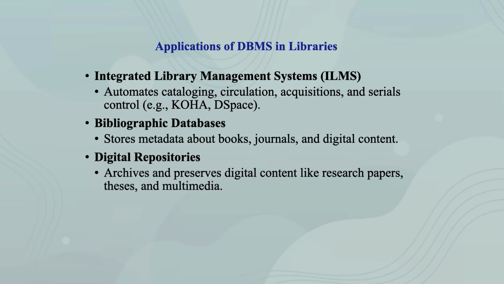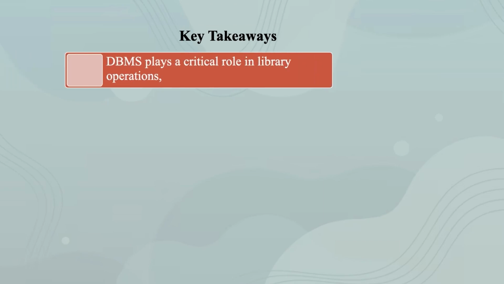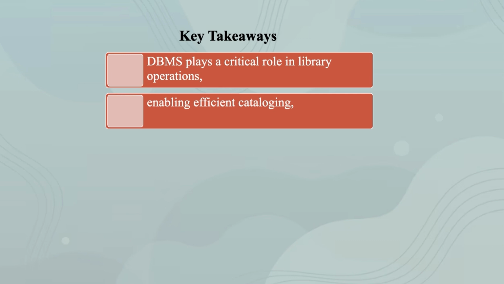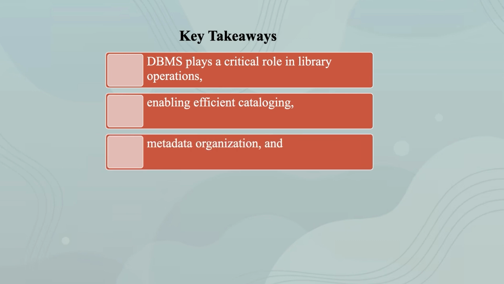Then bibliographical databases store metadata about books, journals, and digital formats. Then we have digital repositories, which archive and preserve digital content like research papers, theses, and multimedia. So the key takeaways are the components of database management systems.